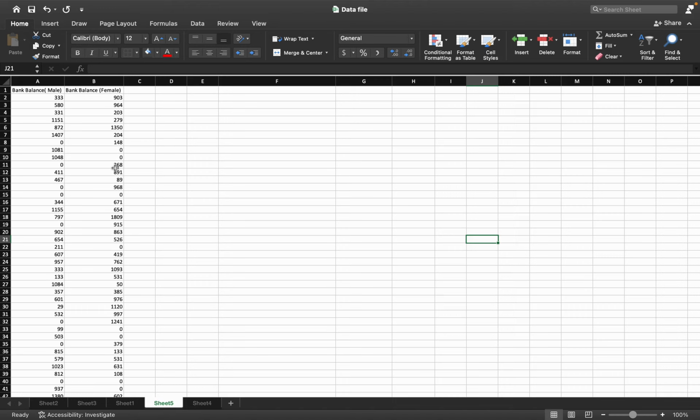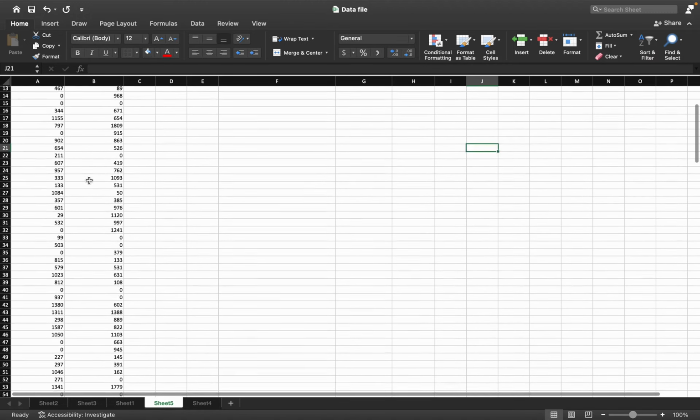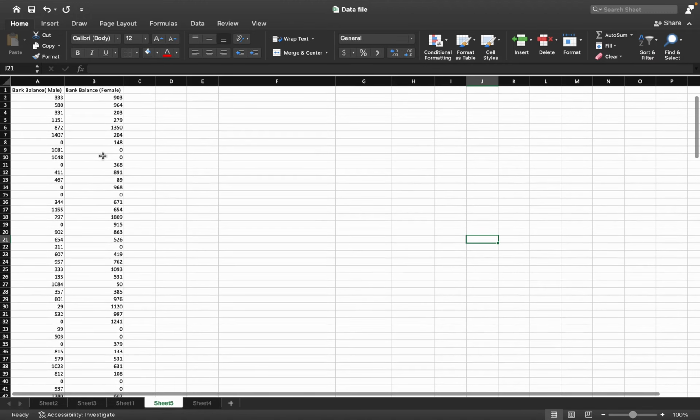Our null hypothesis is that there is no difference between male and female bank balance, and the alternative hypothesis is that there is a significant difference between male and female bank balance. So here we already have the data, the bank balance of male and the bank balance of female.